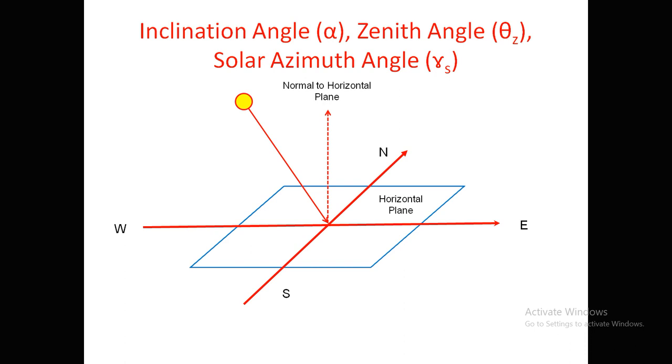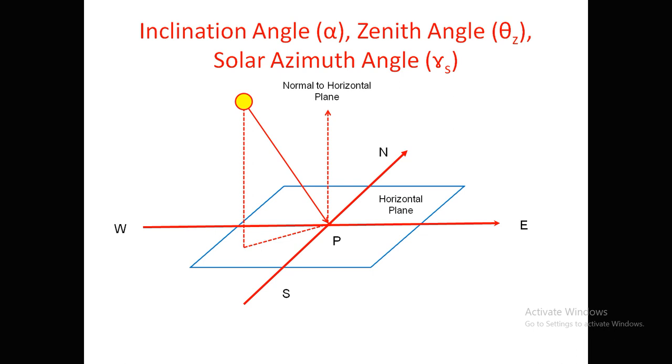So this is the horizontal plane, that means at that point this is the tangent, so we can call it the tangential plane. This is the point P. From the sun we draw a line from the sun to point P. After that we need to draw a projection of the sun on the horizontal plane, and there is one point here, and that point has to be joined to point P again.